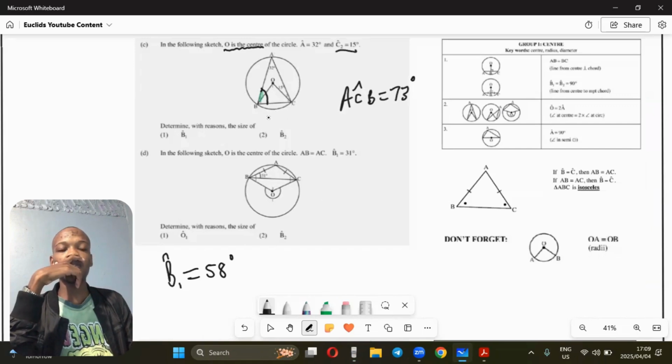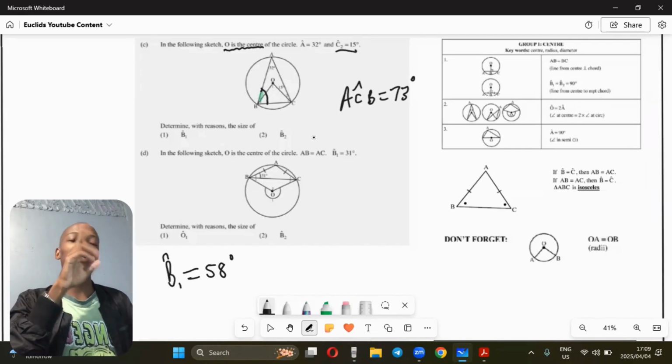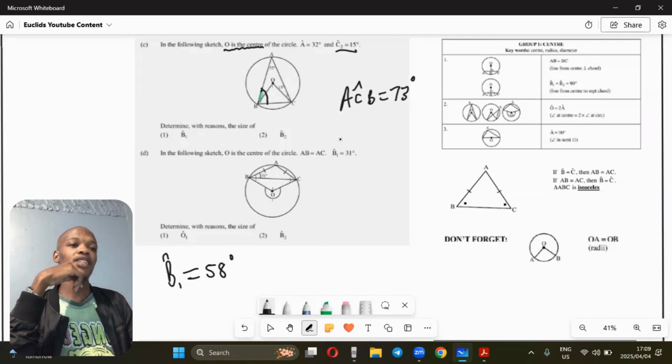Now, can I calculate the entire angle B, or angle ABC? Yes, I can, making use of the sum of angles of a triangle. Angle A plus angle B plus angle C equals 180 degrees.